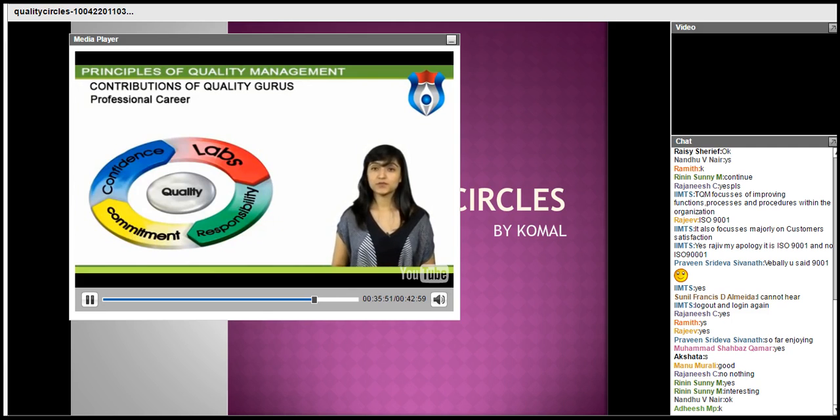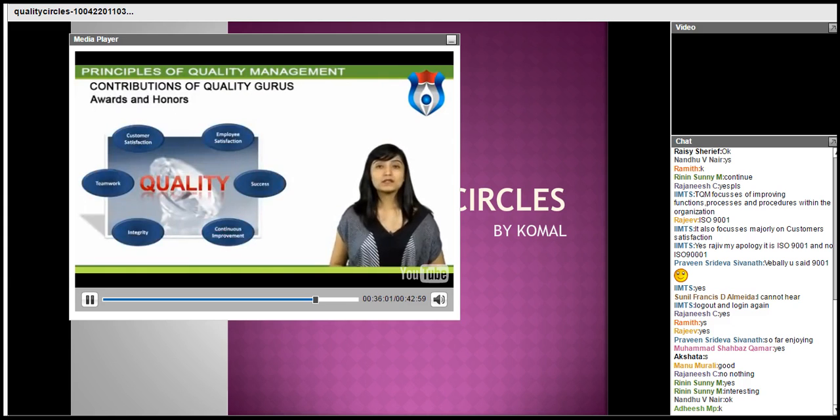Joseph started his professional career soon after he graduated from the University of Minnesota. In 1924, he started working with Western Electric. Awards and honors. Nearly 30 years after Juran visited Japan, Emperor Hirohito recognized Juran's contribution to the development of Japan's quality control and the facilitation of a US and Japanese friendship.